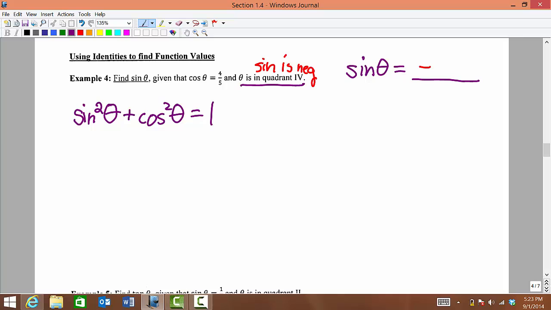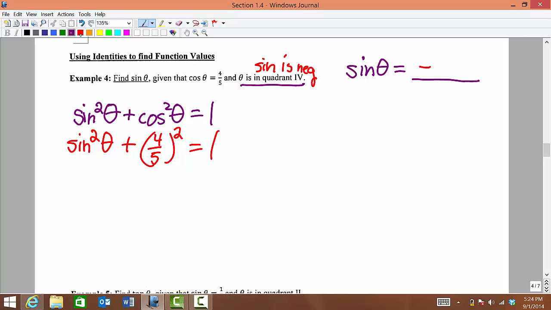So this is our Pythagorean identity that relates sine values to cosine values. So we will use this identity to determine what sine is from cosine. We don't know what sine is, so we'll see that as sine squared theta plus cosine, which we know is 4 over 5. So 4 divided by 5, and we need to square that.